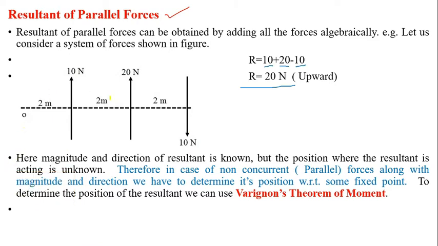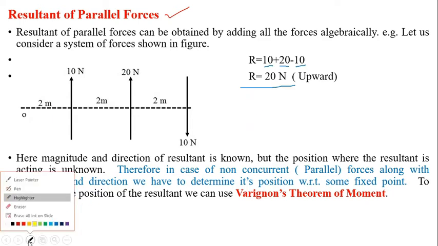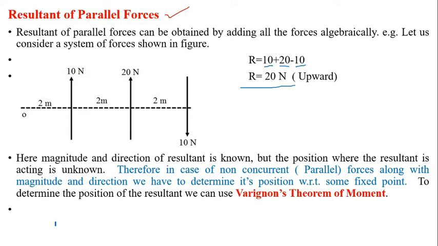Now, we have already determined the magnitude of the force, but we don't have any idea about its position. This is a parallel force system. The first force is acting in upward direction, the second is acting in upward direction, the third is acting in downward direction.